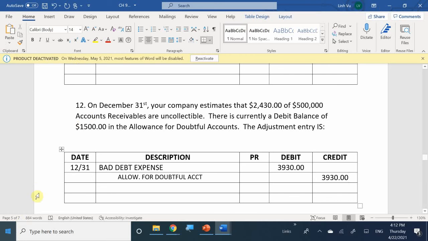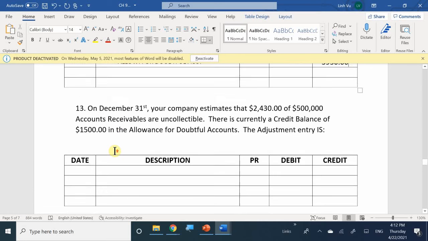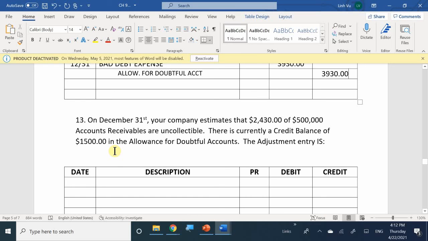All right, I'm going to keep asking these questions once again. December 31st, your company estimates that $2,430 of a $500,000 accounts receivable are to be uncollectible. And there is currently a credit balance of $1,500 in the allowance for doubtful accounts.